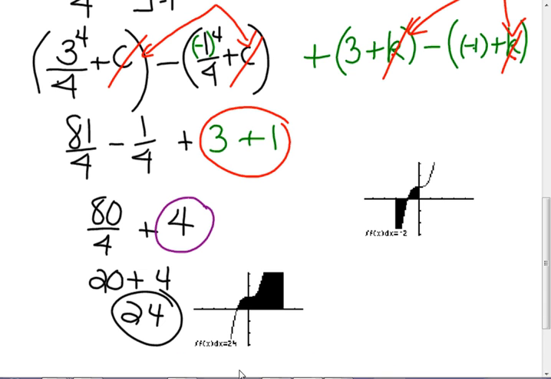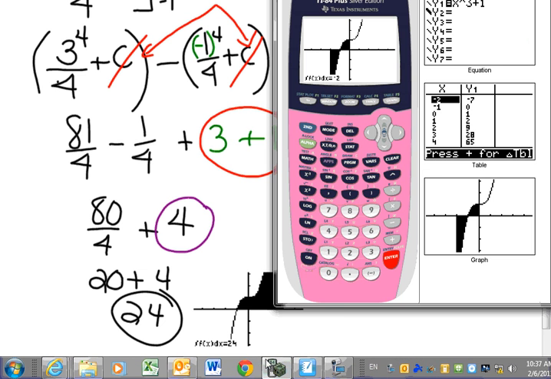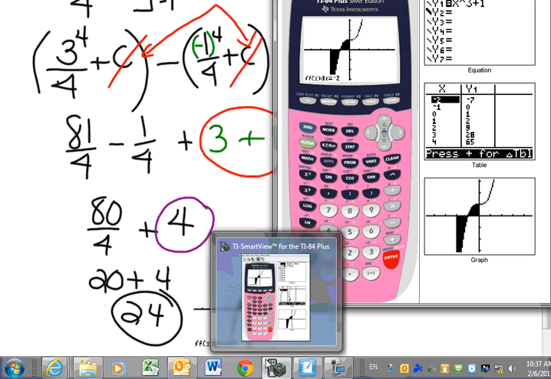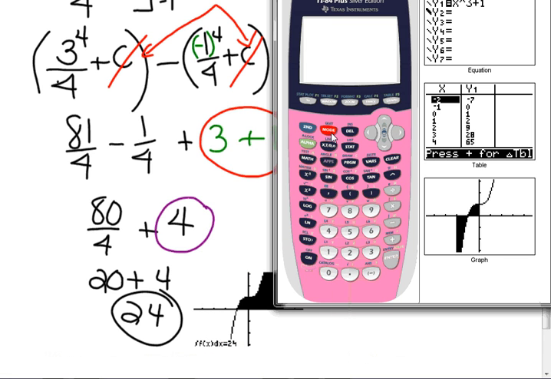Let's do one more. This lesson should not take this long. Okay, I'll do it on the screen. It's math 9. And then go from -1 to 3.